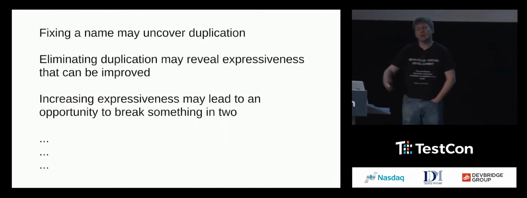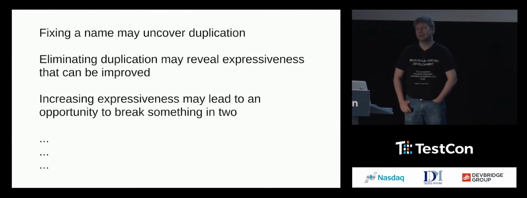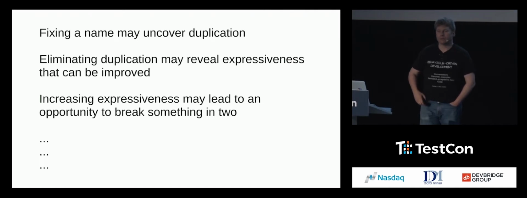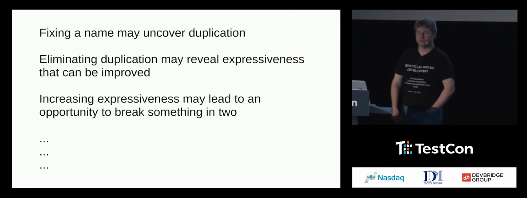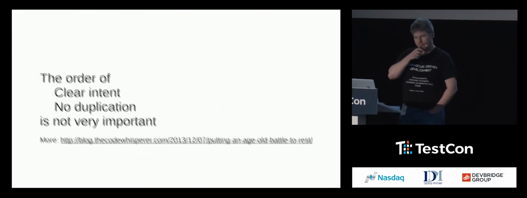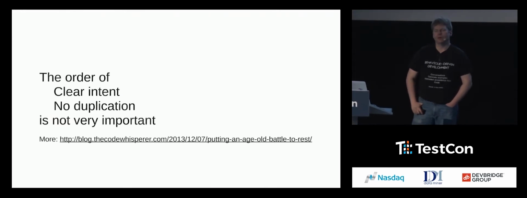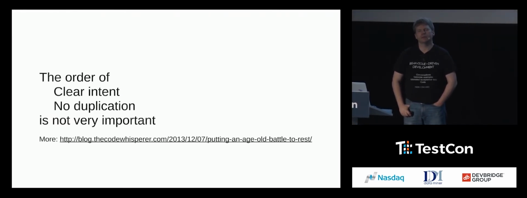But it turns out that if you fix a name, you might find more duplication. Removing that may reveal other things, and so forth. And it also turns out that if you are thinking about this, clear intent and no duplication, it doesn't really matter which order you do it in, as long as you do it, because the end result will be the same.